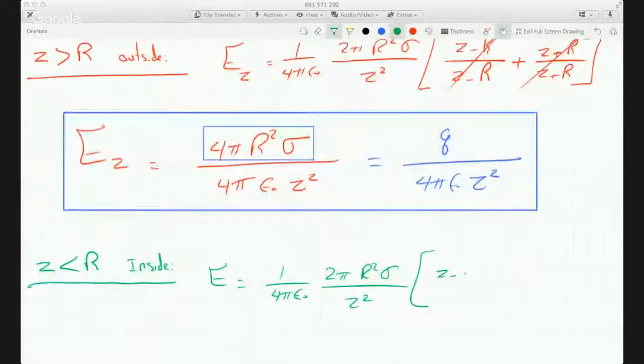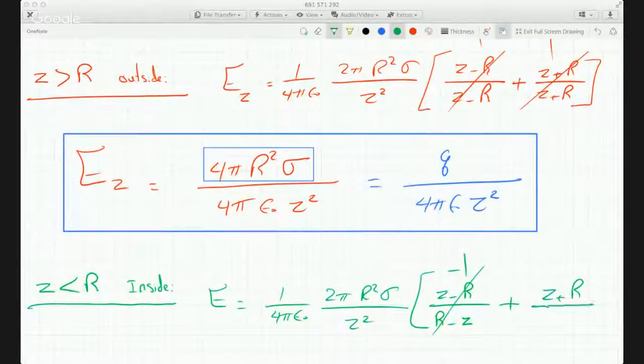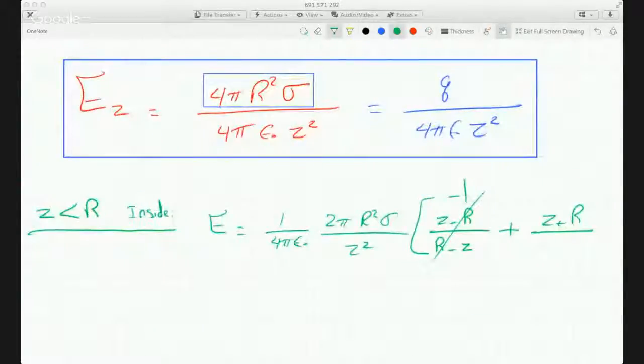So we get z minus r over r minus z, and this is just minus 1, plus z plus r over r plus z, which is plus 1. Bingo.